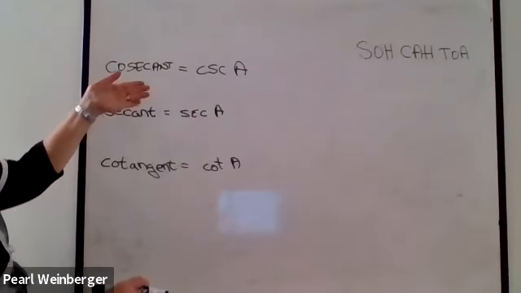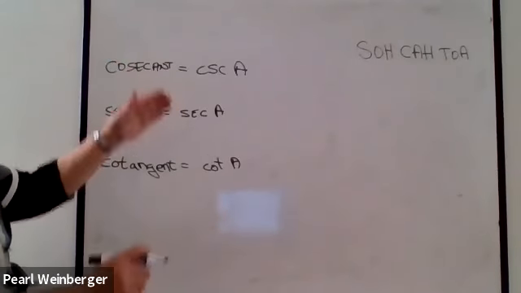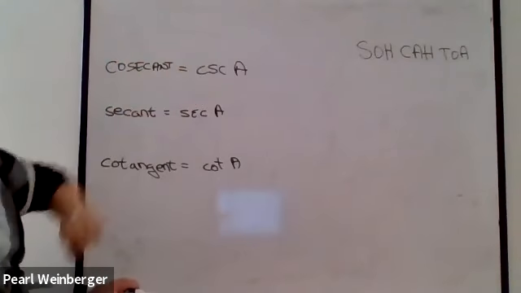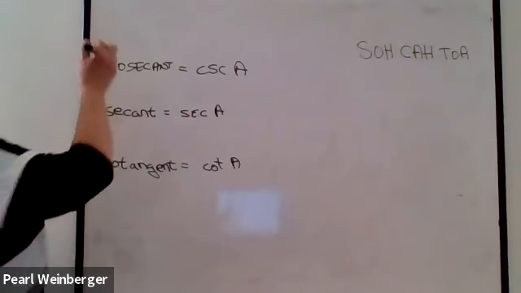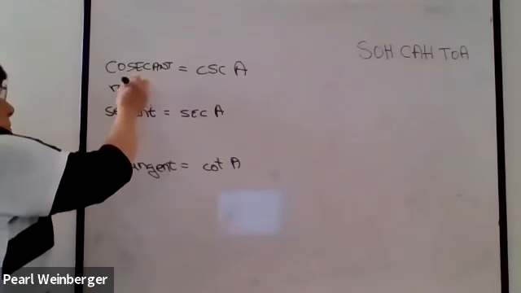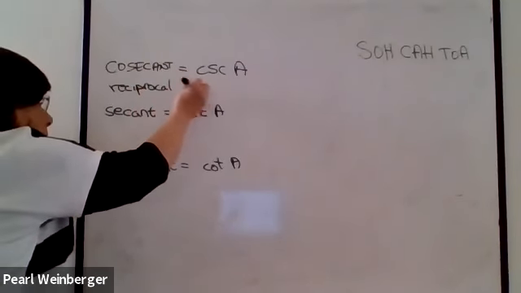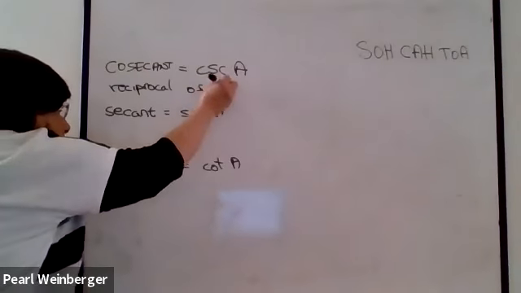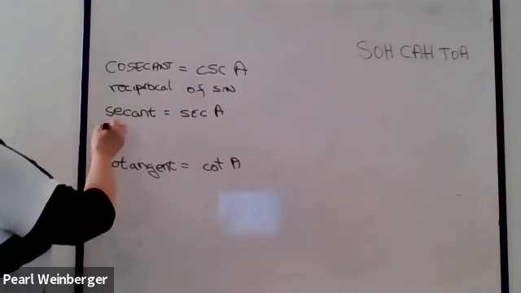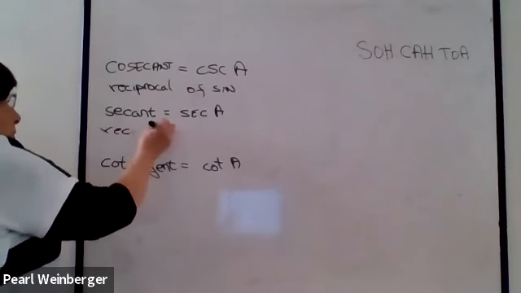It turns out each one of these is also a fraction, which is a reciprocal of one of the other fractions. The cosecant is the reciprocal of the sine. The secant is a reciprocal of the cosine.